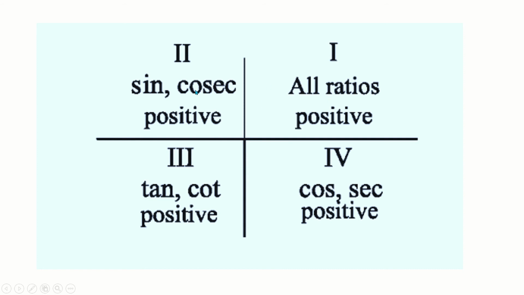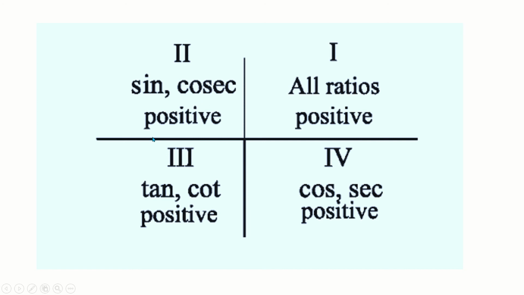Second quadrant: sine and cosec are positive, because in the second quadrant y is positive but x is negative. If you consider x as base, the related ratios are cos, sec, tan and cot, while sine and cosec are related to perpendicular and hypotenuse.